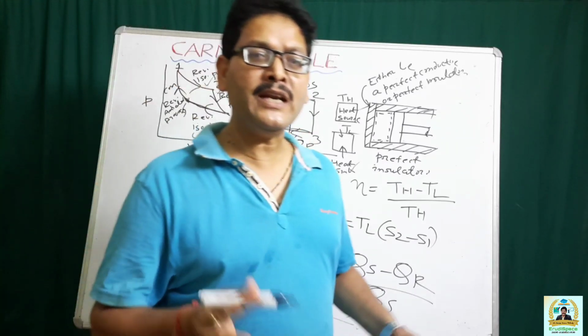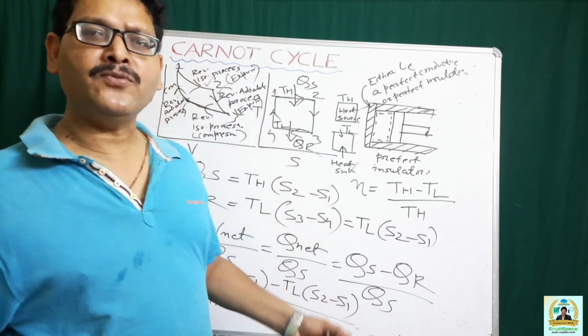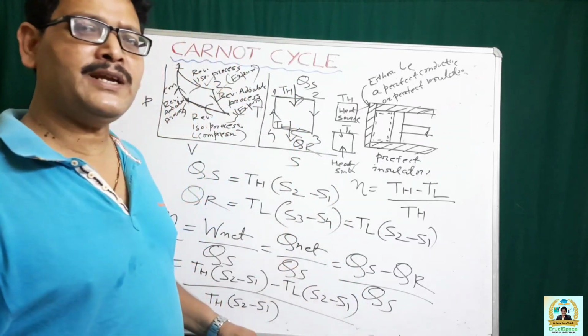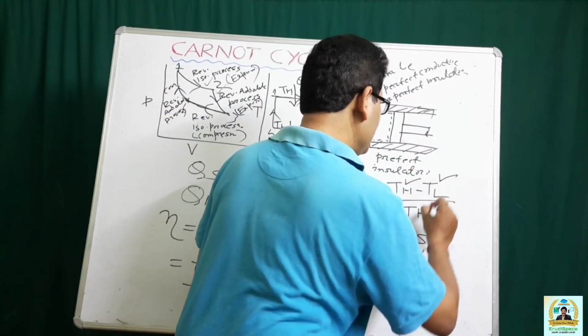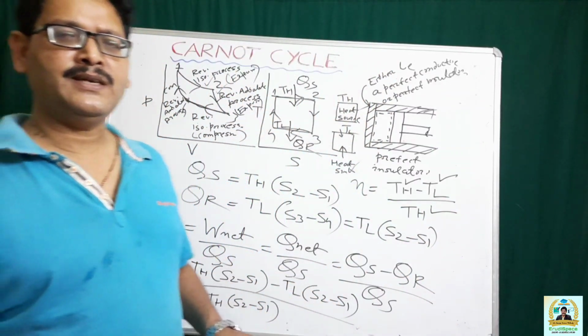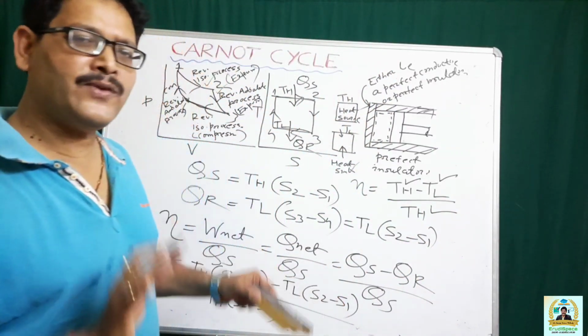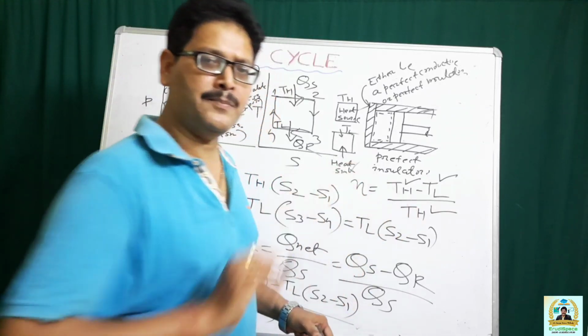And those people who relate the temperatures to points may get confused. So it is always prudent to write Th minus TL divided by Th, so that there would be no confusion. Always it is the ratio between the difference in higher and lower temperature to the higher temperature.